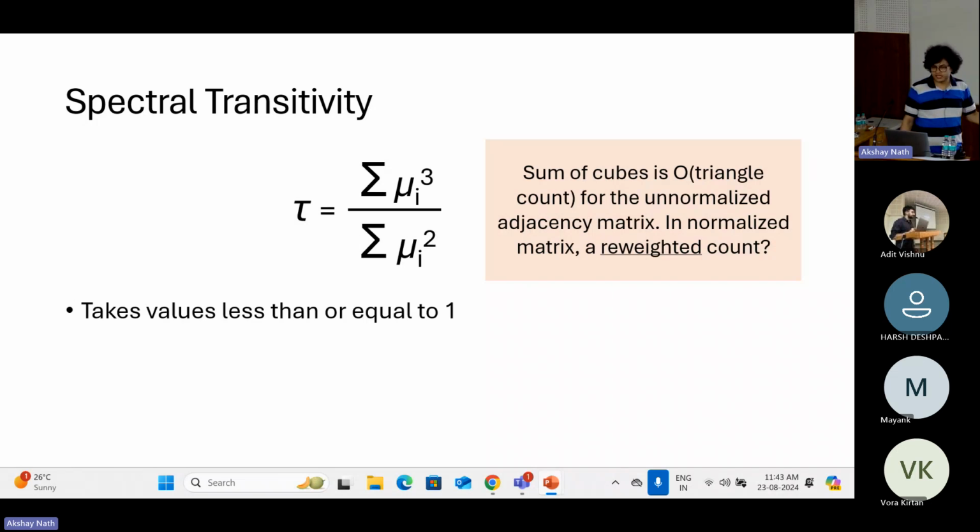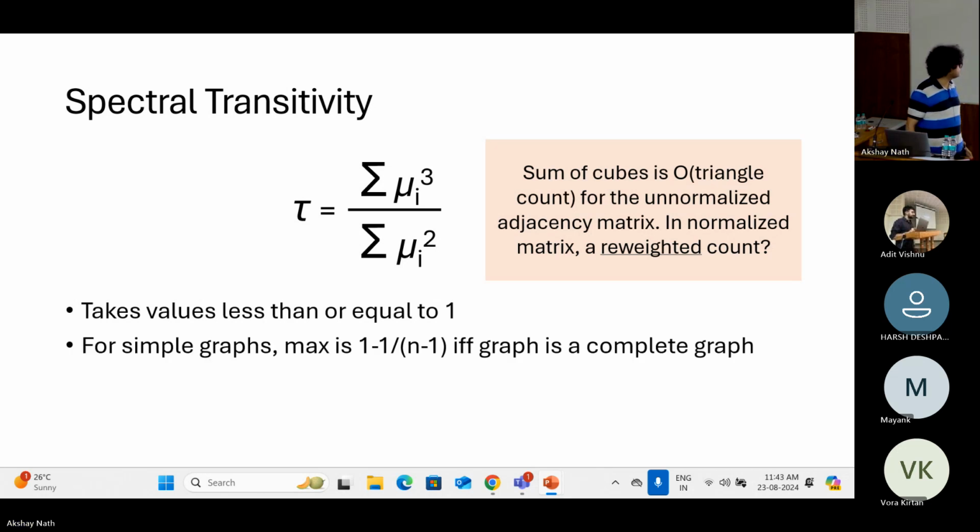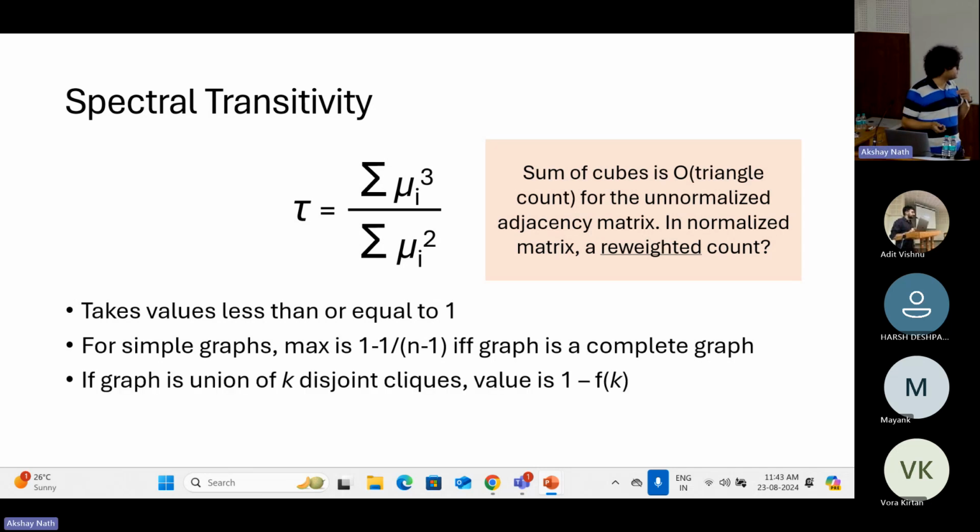It turns out this takes values less than or equal to 1. For simple graphs, you can show that the maximum is attained if and only if your graph is a complete graph. If you don't have self loops, it's going to be 1 minus 1 over n minus 1. If you add self loops, that can go up to exactly 1. And if your graph is a disjoint union of k cliques, it's going to be 1 minus some small value, a function of k.